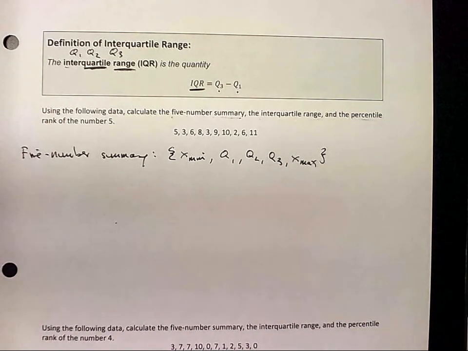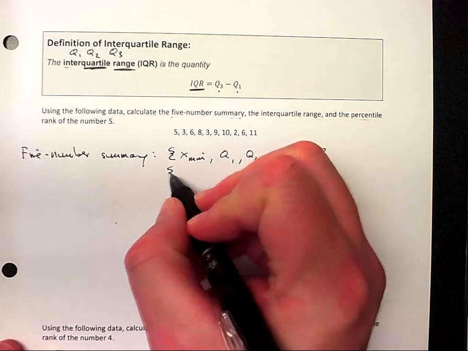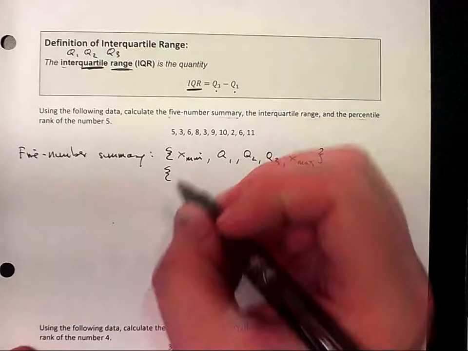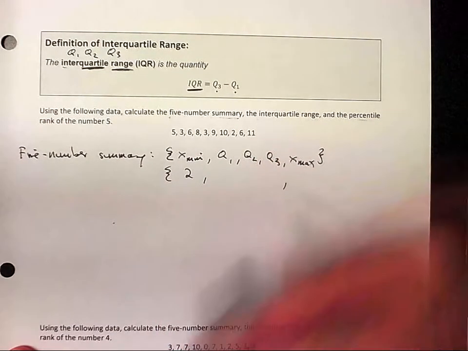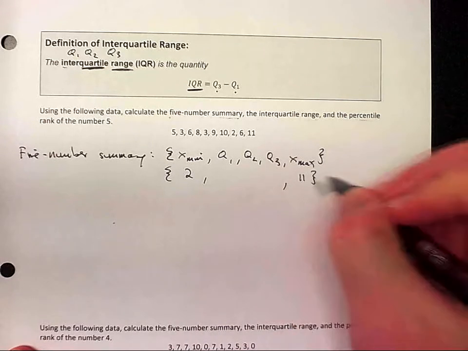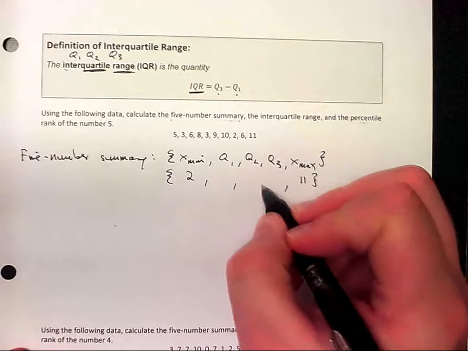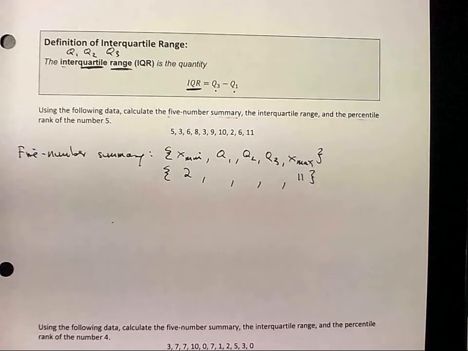So of these 5 numbers, which one is going to be like the easiest to find? The min and the max, right? So in here, what is the minimum value? And what's the maximum value? Everybody good so far with those 2 numbers? Now we just need to find Q1, Q2, and Q3.